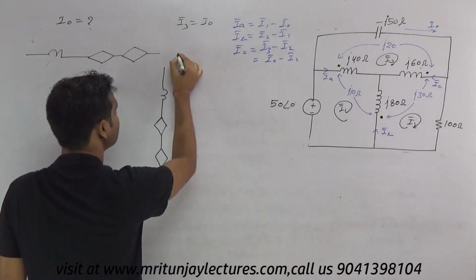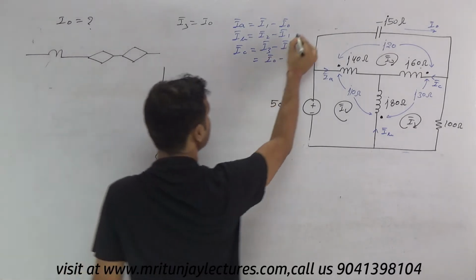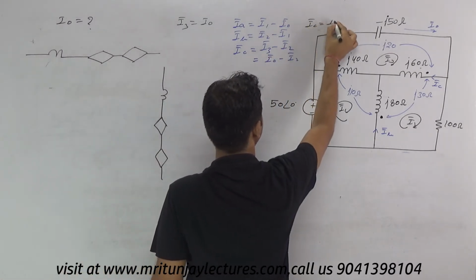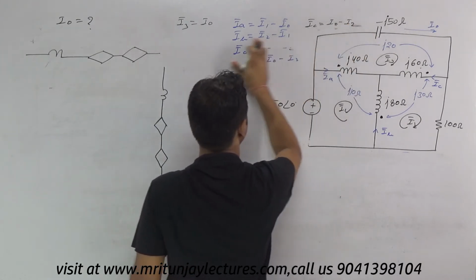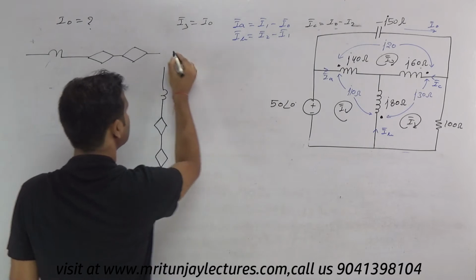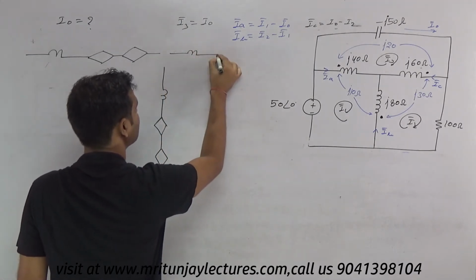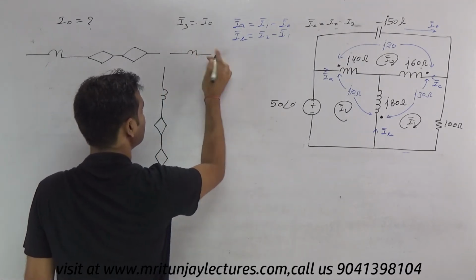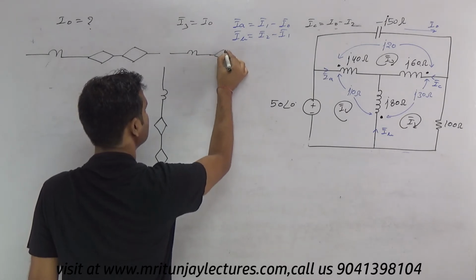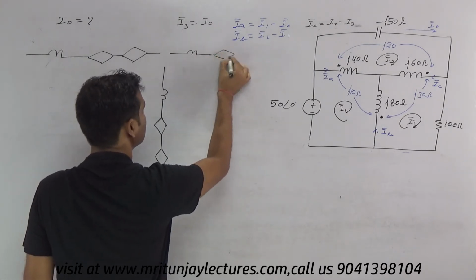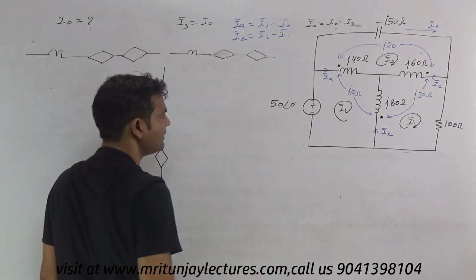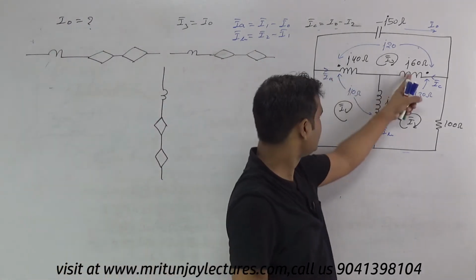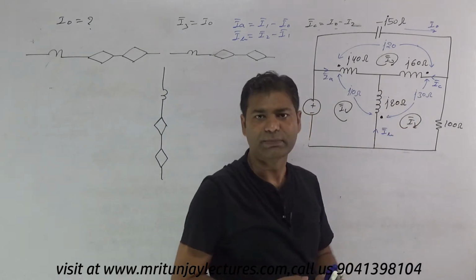Okay, now next target. IC is written as I naught minus I2. Okay, so now here make a box. Okay, effect on IA and effect on IB.